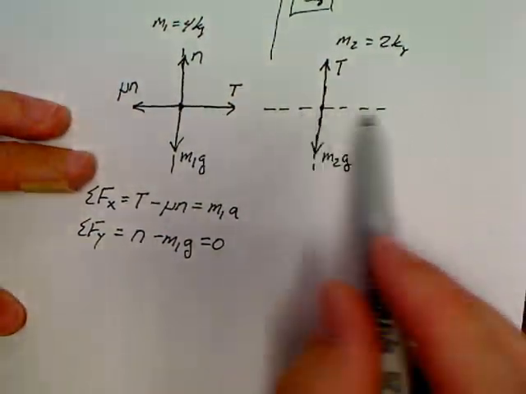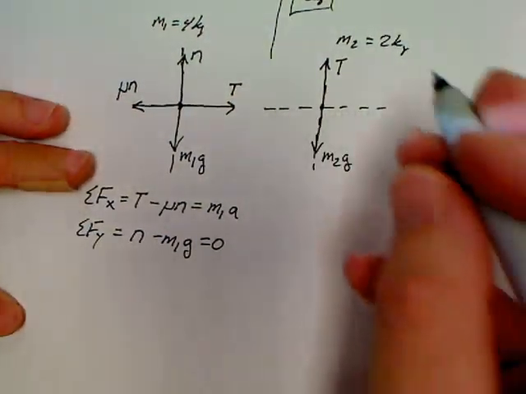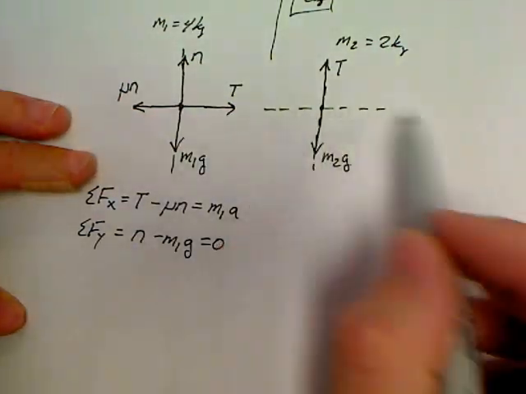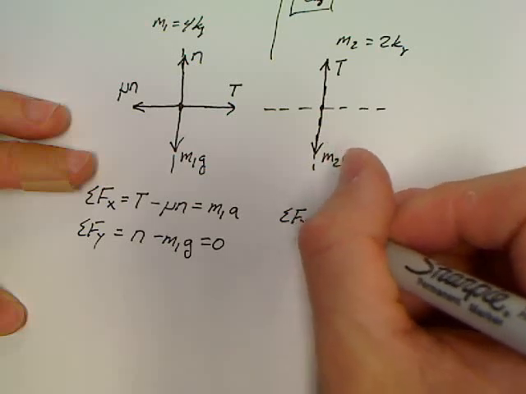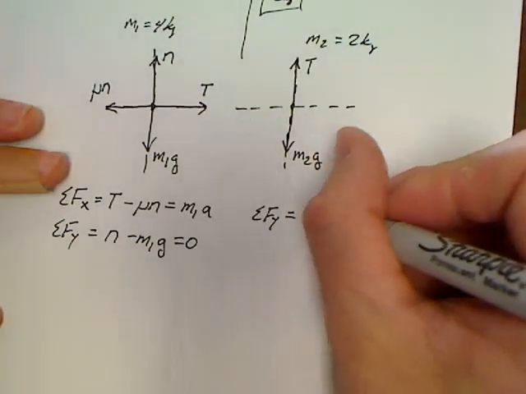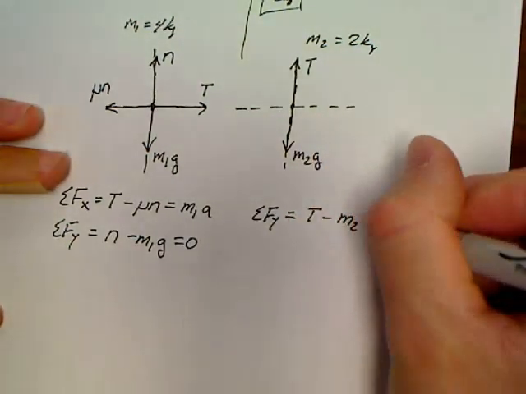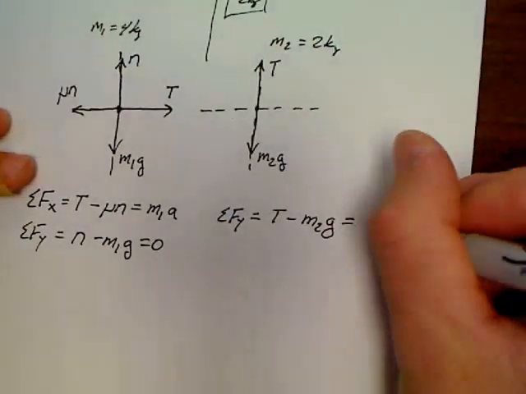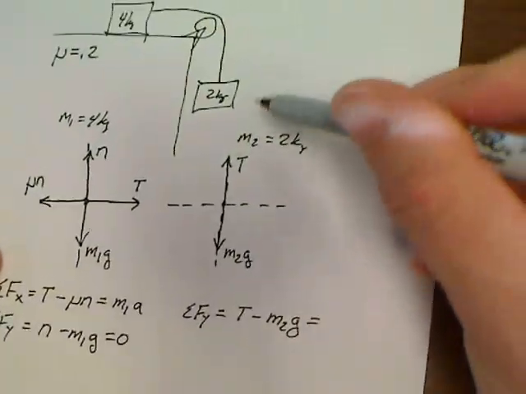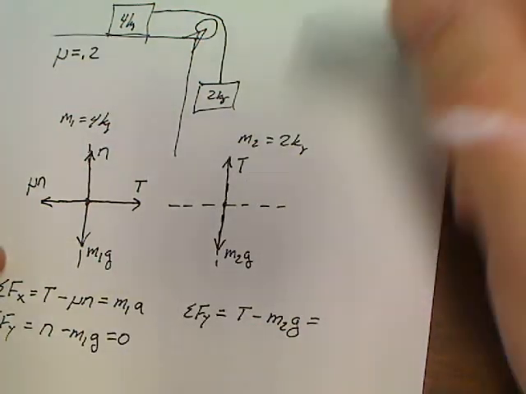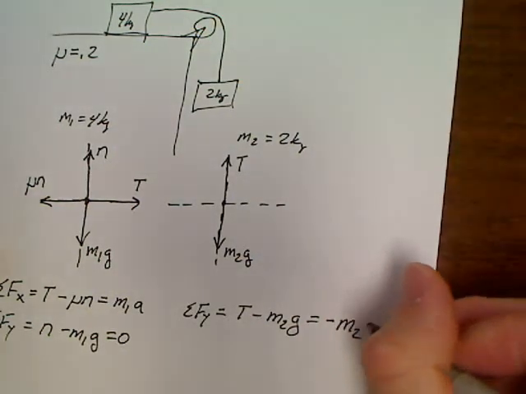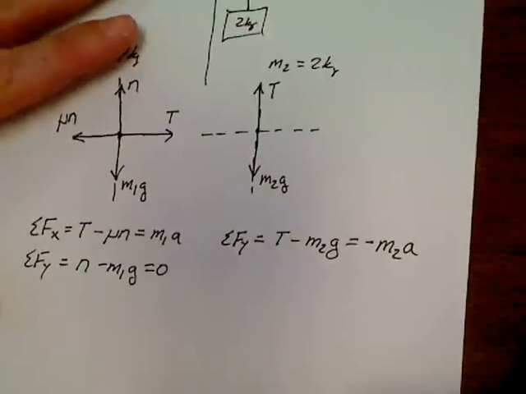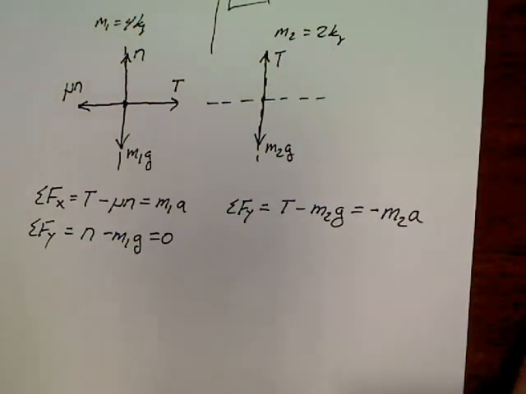This object, we have no sum of the forces X, so we'll go straight into the sum of the forces Y, which would be T minus M2G equals, and once again, this object is falling down, so we would say it's equal to negative M2A at this point. All right, the physics is done.